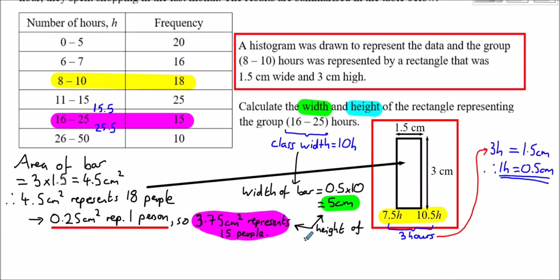Now the height of this bar must be 3.75 divided by 5. And that's 0.75 centimetres. As a double check, 5 times 0.75, width times height, would give you 3.75. So we've worked out the height of the bar as well. So the height required is 0.75, and the width of the bar would have to be 5 centimetres.